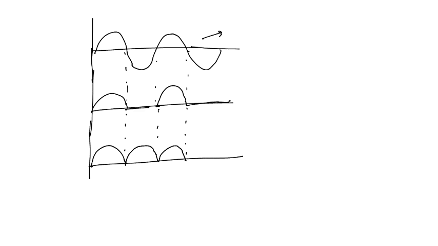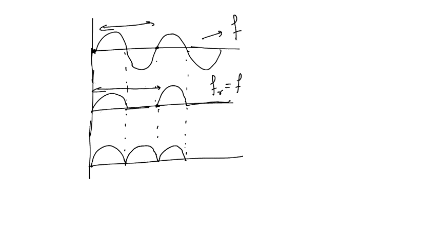Now if the input frequency is f, then the output frequency, which is called the ripple frequency, completes one cycle in this period of time, and the repetition starts from the same point. So the ripple frequency is equal to the input frequency.